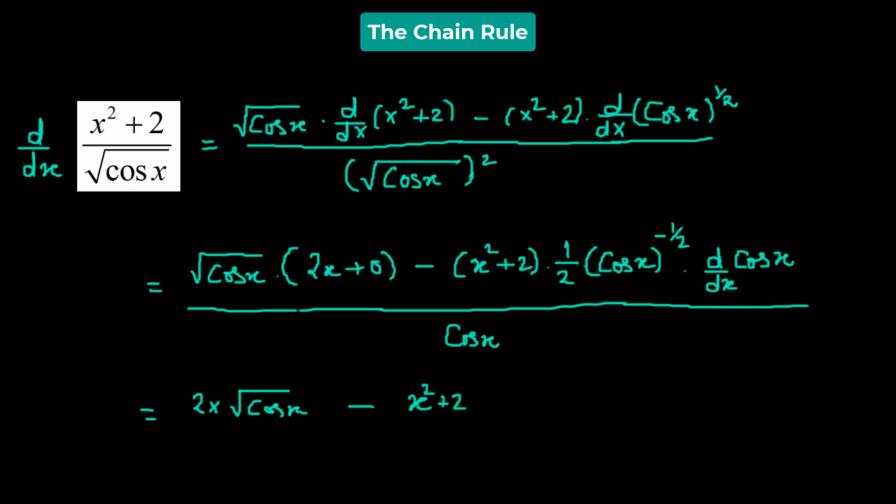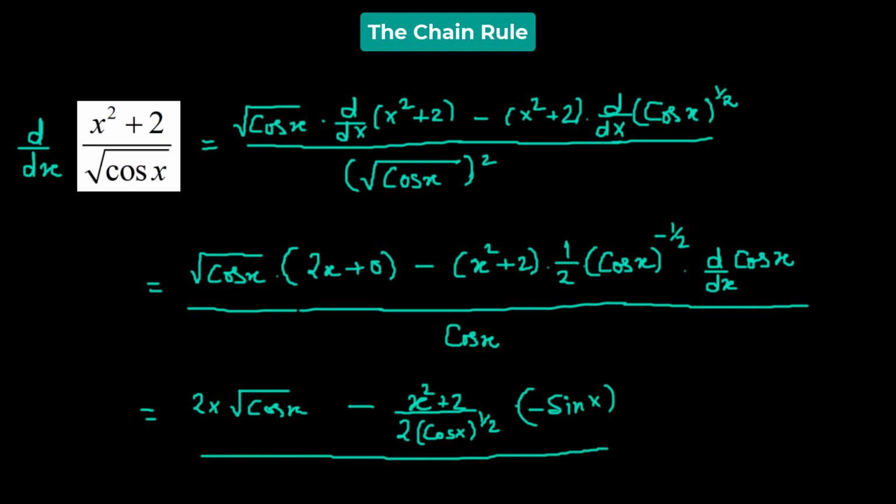2 divided by 2 times, so cosine of x goes to the denominator and it becomes cosine of x raised to the power of half, multiplied by the derivative of the cosine function, which is negative sine x, whole divided by cosine of x.